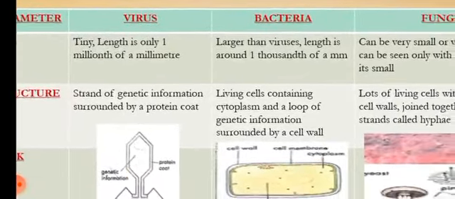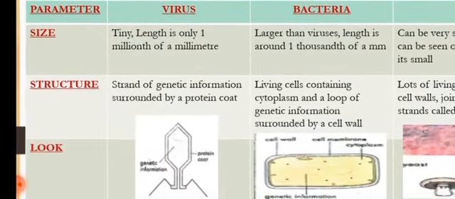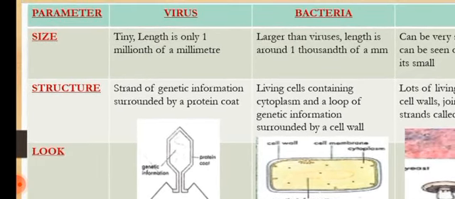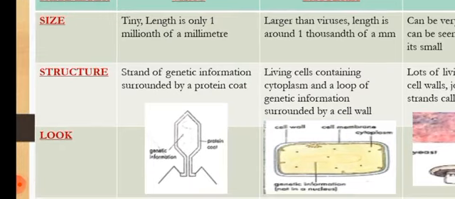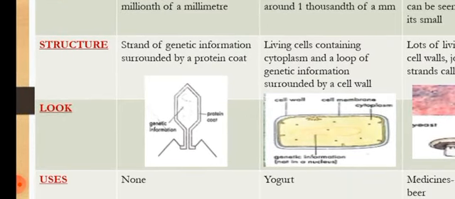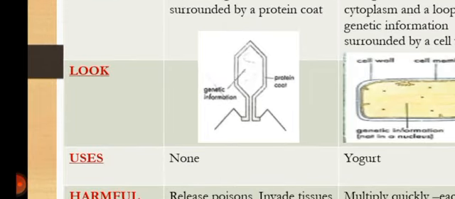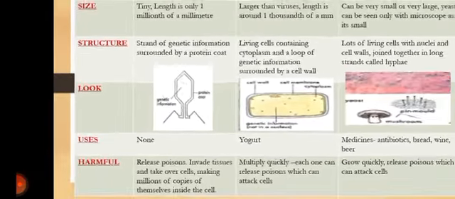Next parameter of study is structure. The strand of genetic information in virus is surrounded by a protein coat, which is diagrammatically shown in the below picture. There is a genetic strand and there is a hexagonal shaped protein coat around it.